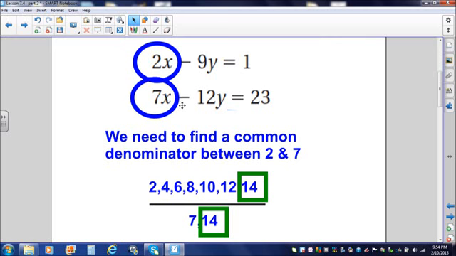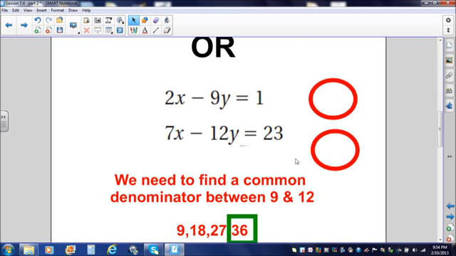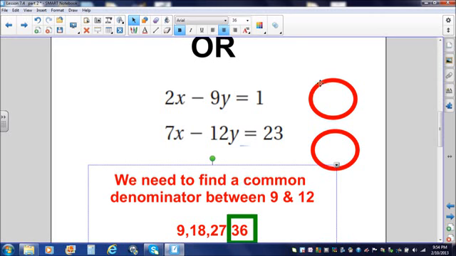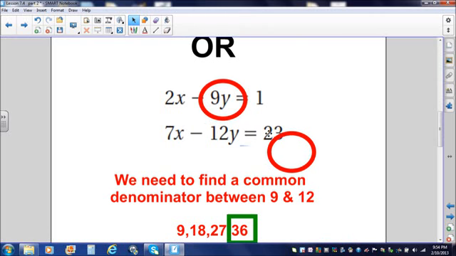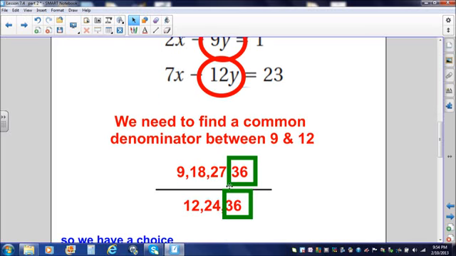We need to find a common multiple between 2 and 7. If I count by 2's, I get to 14. If I count by 7, I get to 14. Or we need to find a common multiple between 9 and 12. If I count by 9's, I get to 36. If I count by 12, I get to 36.